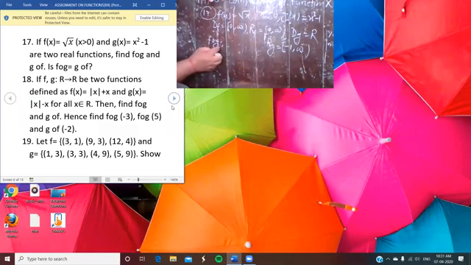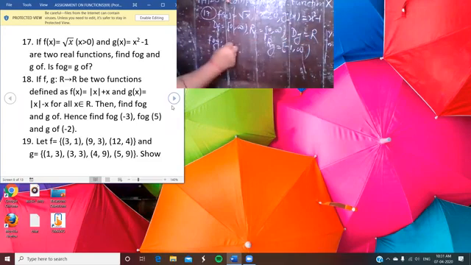For each x belonging to the domain of g, the corresponding value g(x) is obtained, and that g(x) is an element of the domain of f, that means 0 to infinity. Here the range of g is not a subset of the domain of f, so you have to decide the actual domain of fog.